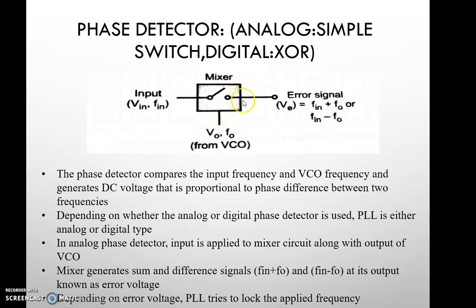The mixer generates sum and difference signals, that is, as we had discussed, Fin plus Fo and Fin minus Fo at its output, which is known as the error signal. Depending on the error voltage, PLL tries to lock the applied frequency. So this type of detector is known as an analog detector.